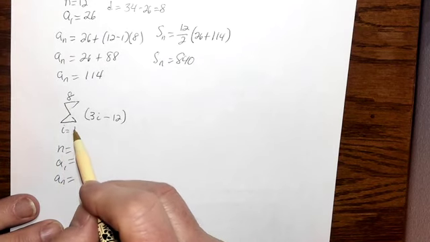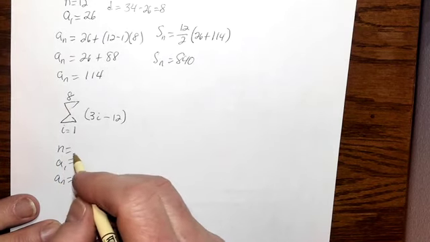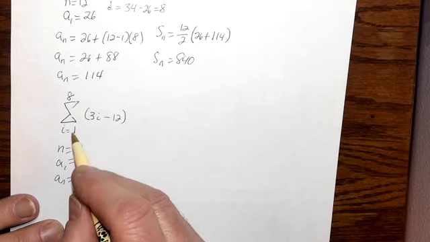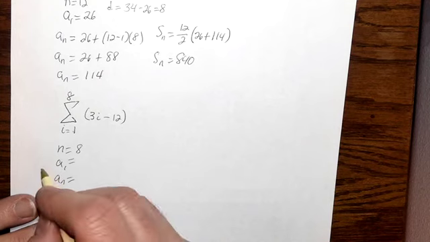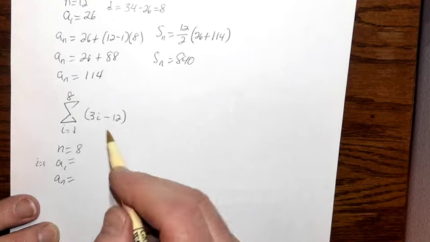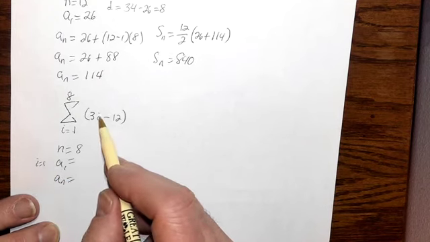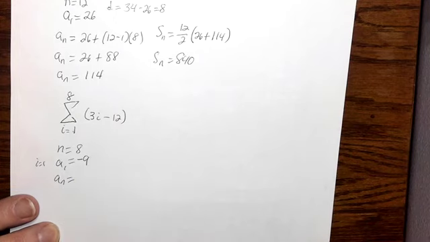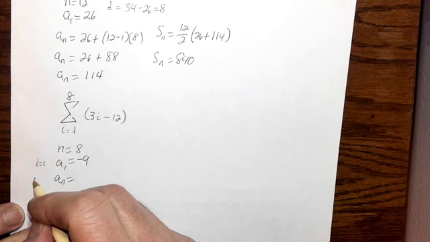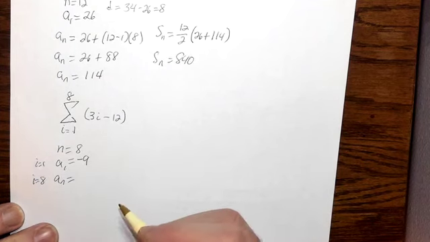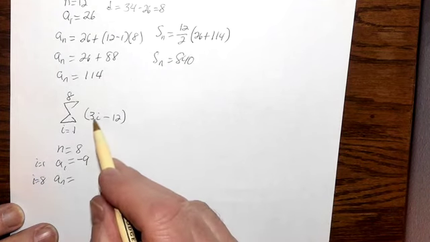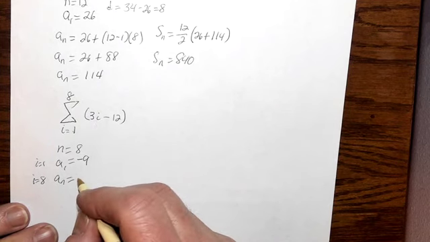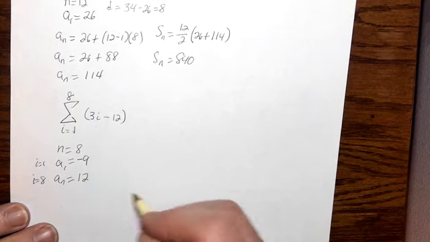You get n by counting from 1 up to 8, and there's 8 numbers. A sub 1 is what I get when I put the bottom number, i equals 1. So if I put 1 in there, 3 minus 12 is negative 9. A sub n is what I get when I let i equal the top number. So if I put 8 in there, 3 times 8 is 24. 24 minus 12 is 12.